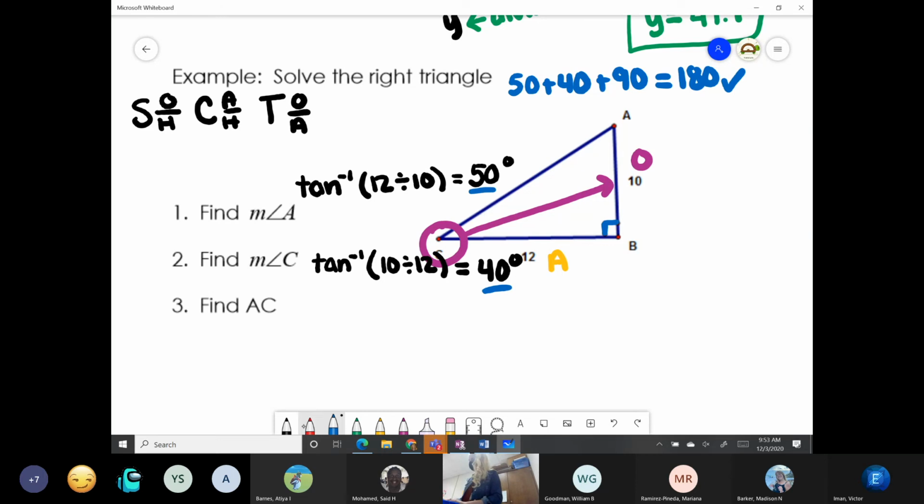And then the last thing we want to do is find AC. We want to find the hypotenuse. On this problem, you're going to want to use the Pythagorean theorem. So you're going to use the Pythagorean theorem in order to find the hypotenuse.